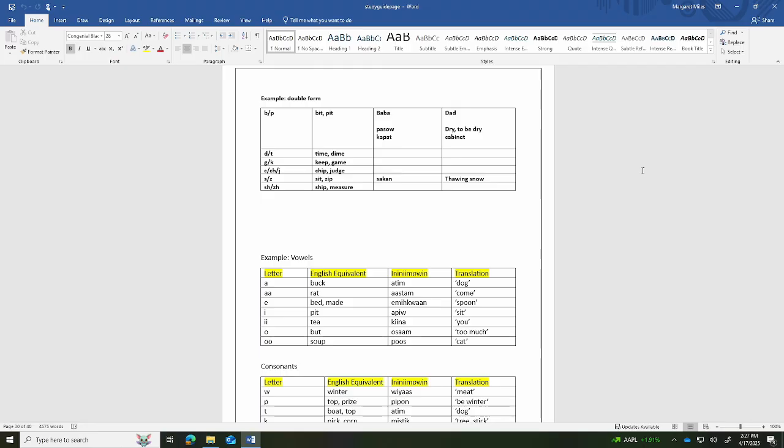Saskatchew, the S sound. Saskatchew, be thawing snow. Esquaso, be burnt or be on fire. Wiyas, meat.